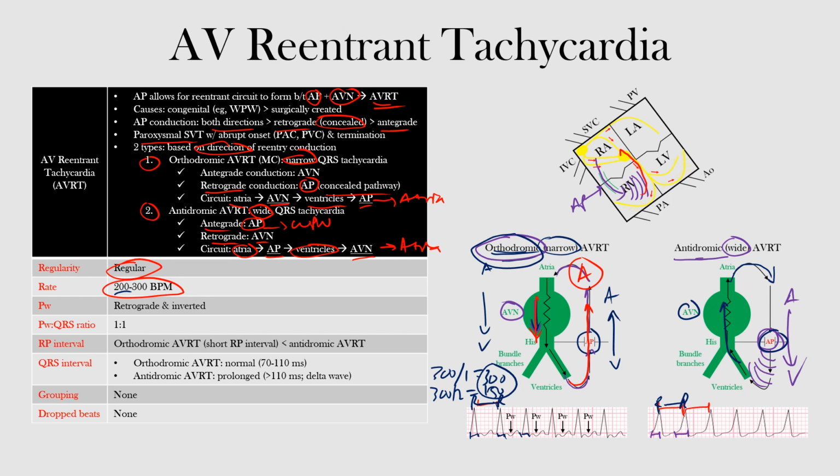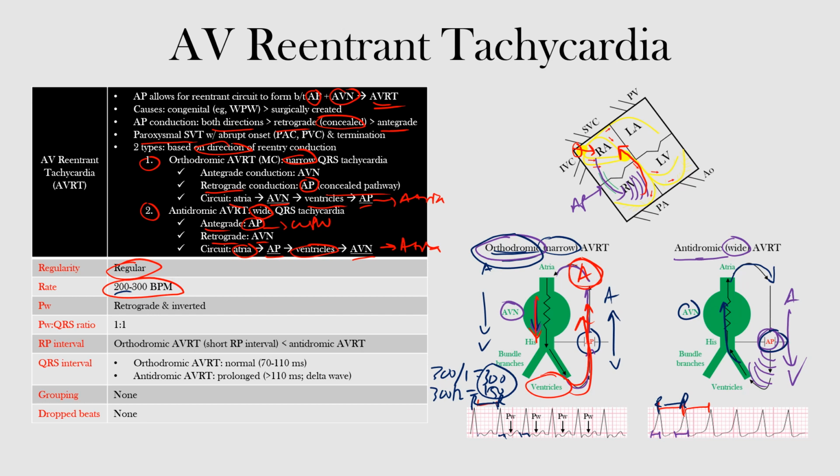Imagine we're coming back up this way instead of our sinus node that fires this way. So because we have this conduction going in the opposite direction, we will have these retrograde P waves because they are occurring after the QRS. So imagine we depolarize the ventricles and then we come back up and depolarize the atria. Because we're going in the opposite direction, that's where we get the inverted P waves.